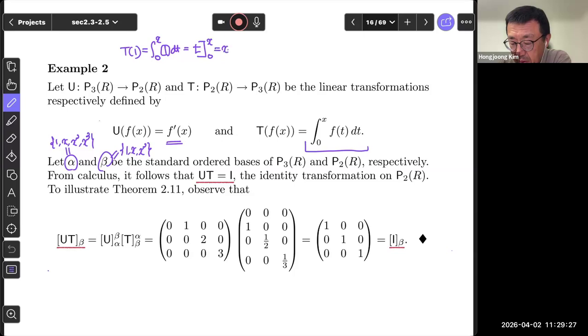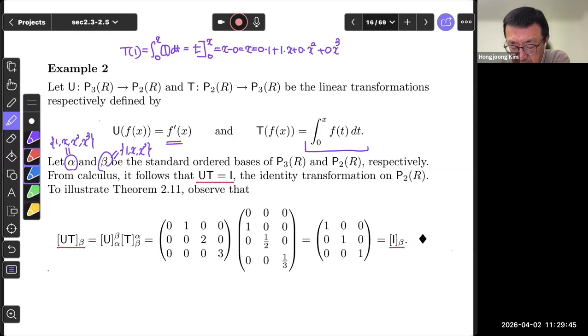So x minus 0, which is x, right? So x is 0 times 1 plus 1 times x plus 0 times x squared plus 0 times x cubed. So the weights are 0, 1, 0, 0, and 0, 1, 0, 0 appears in the first column of the matrix for T.